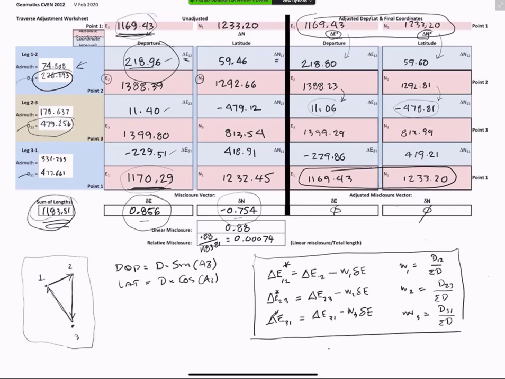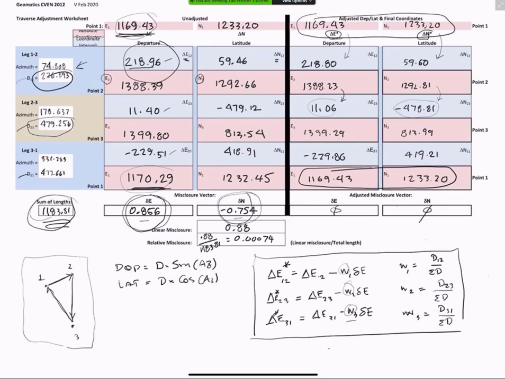And that should not be surprising because we know exactly what we had to change to make it come out right. We divided those misclosures up by amounts that would add together, all those weights add together to sum to 1. And so when we add those three parts together, we have the full correction for the east and the full correction for the north.